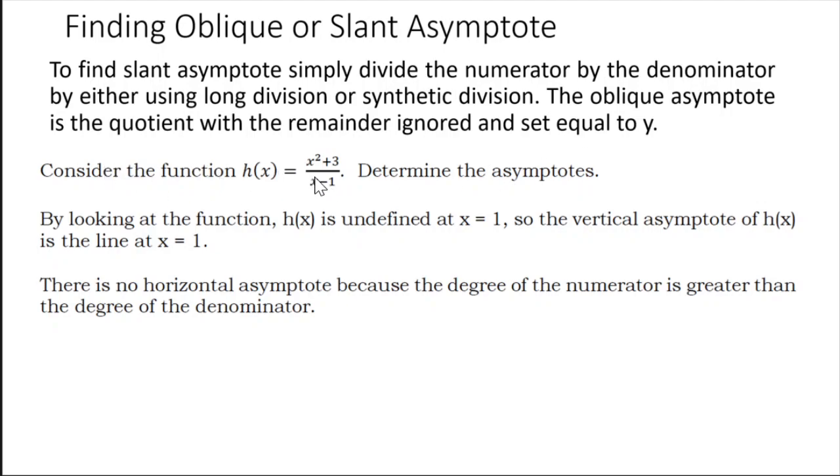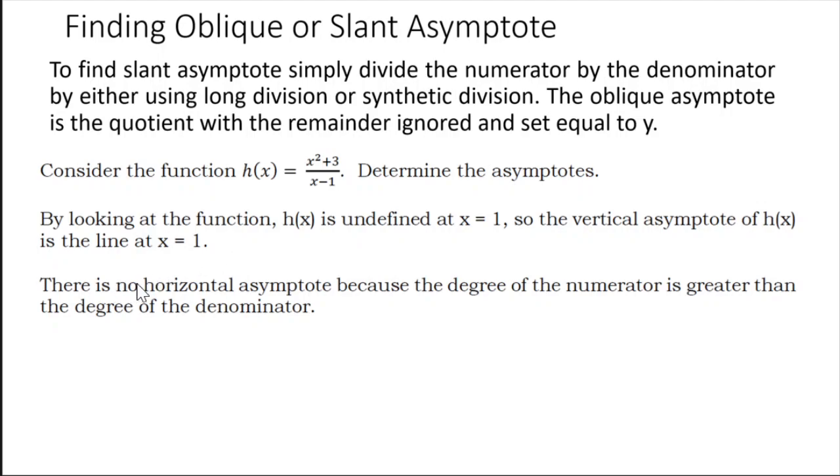Consider the function h of x is equal to x squared plus 3 over x minus 1. Determine the asymptotes. First, find the vertical asymptote: equate the denominator to 0, so x minus 1 equals 0, then x is equal to 1. So the vertical asymptote of h of x is the line x is equal to 1.